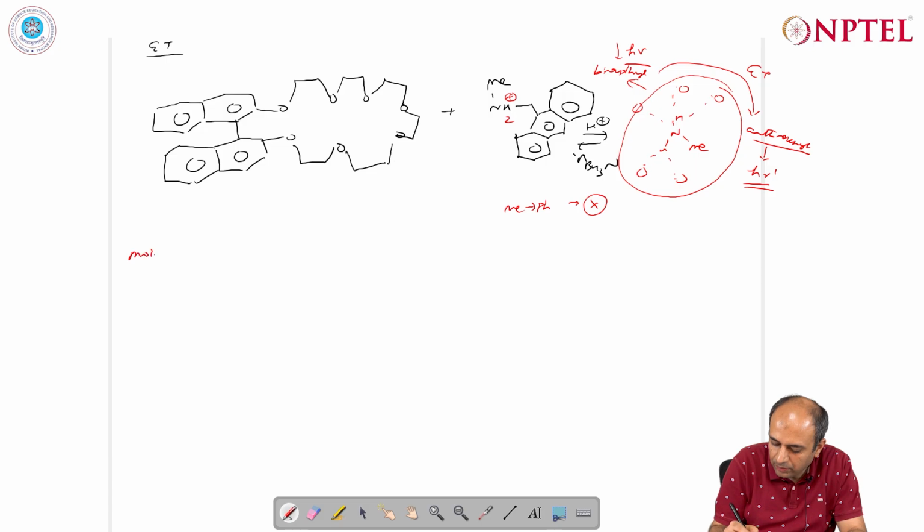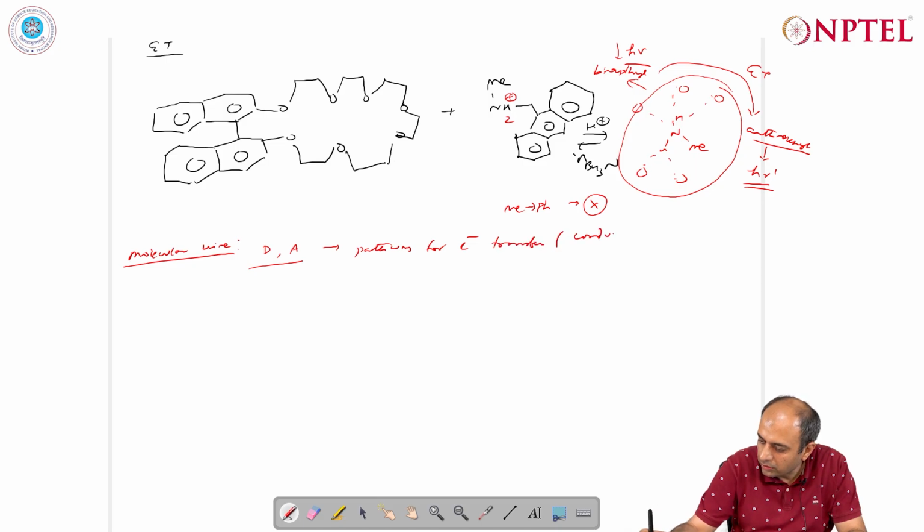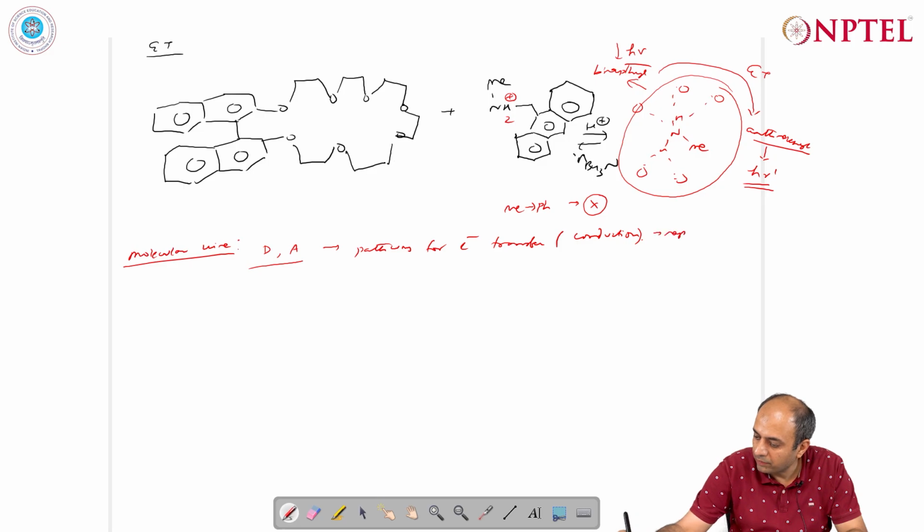We can take up an example in molecular wires, and generally the concept is that you have got a donor and you have got an acceptor, and there must be a pathway for electron transfer or conduction. This process must take place, and this process has to happen in a rapid way, because electronic flow is the opposite of, electronic flow is current flow.